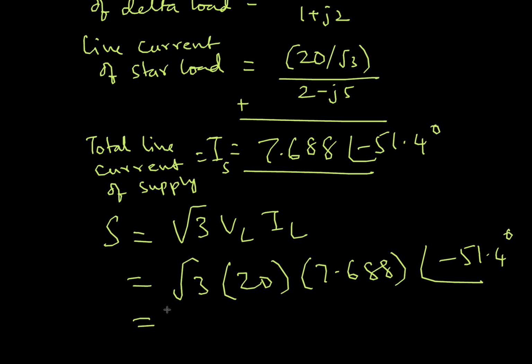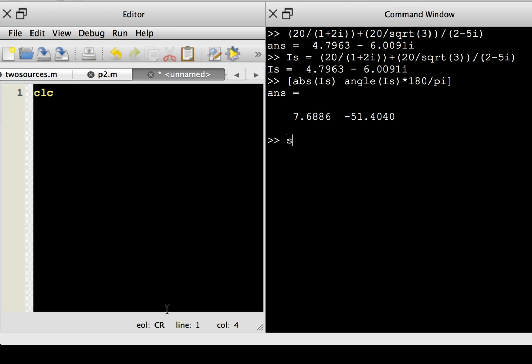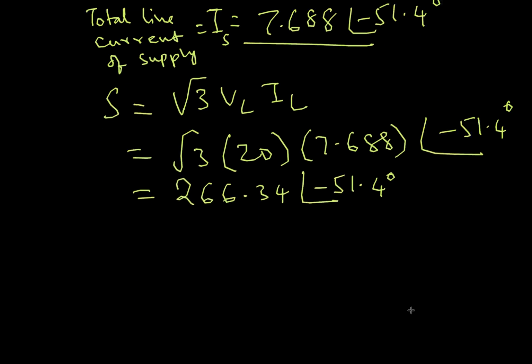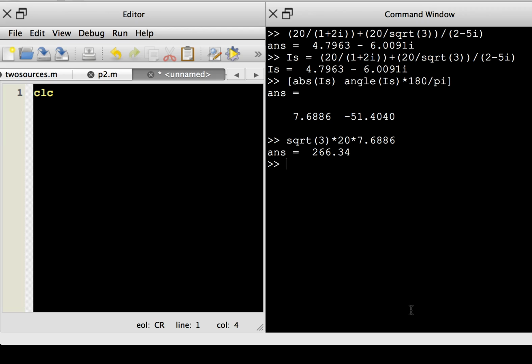So let's do this now. Square root of 3 multiplied by 20 multiplied by 7.6886. So 266.34 watts or volt amperes at an angle of minus 51.4 degrees. Now I can again convert this into real and imaginary parts.